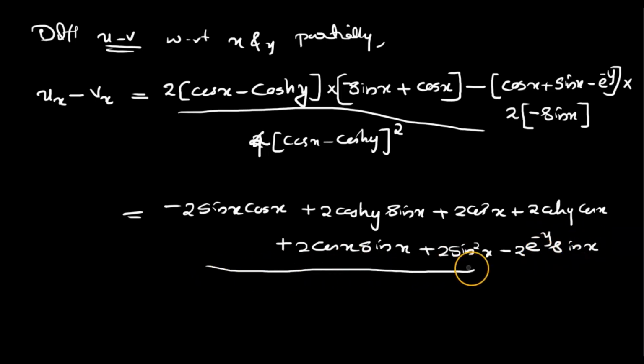This is the numerator, and the denominator is 4 (cos x minus cosh y) whole square.